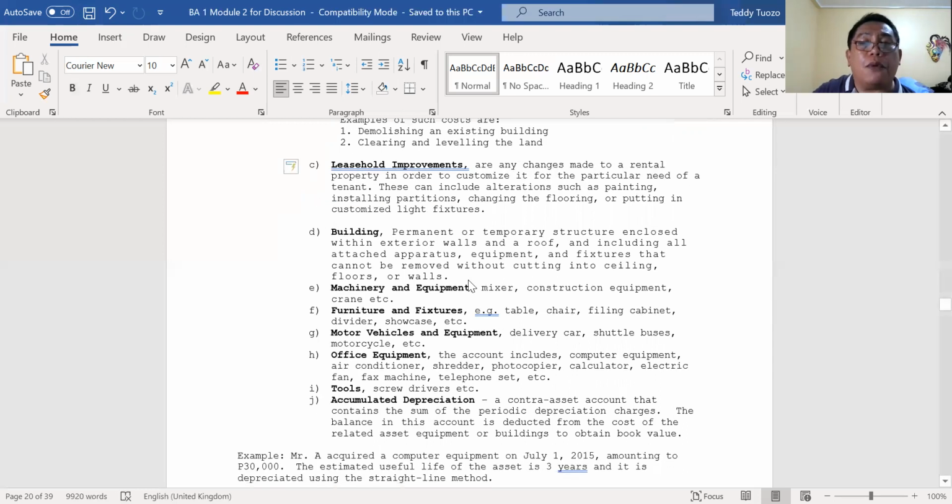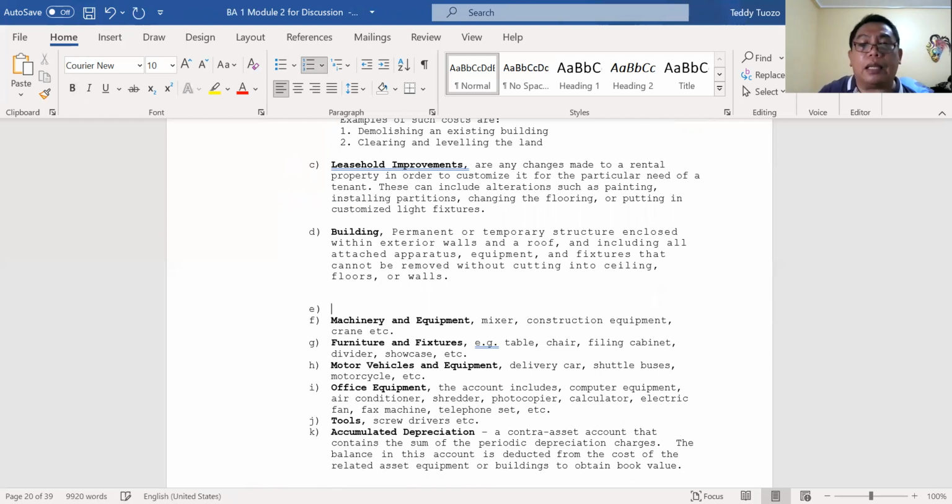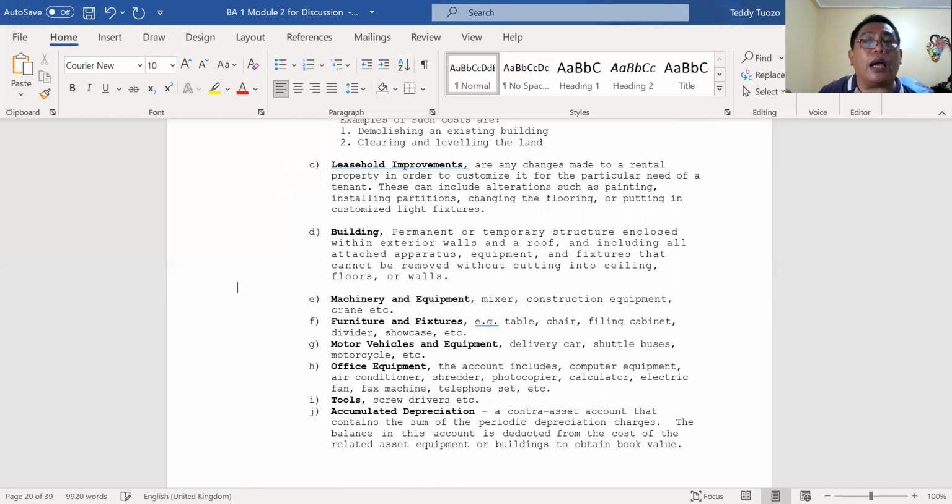And then building, of course, if you own the building, then they are charged, no? They are subject to depreciation. If you constructed a building, then, no, it is supposed to be subject to depreciation.